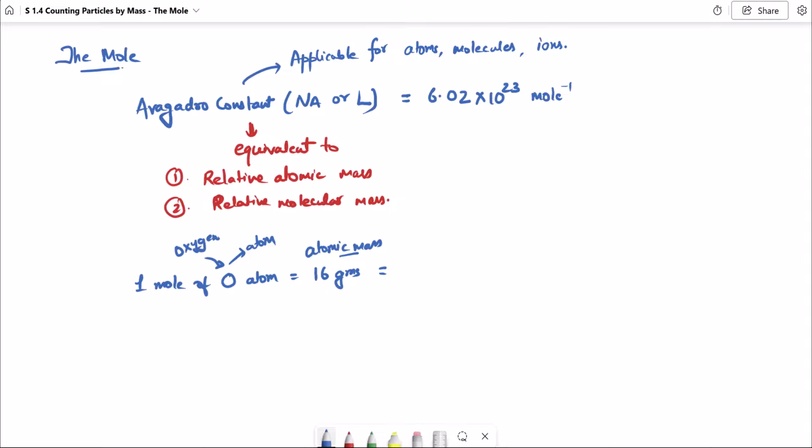And the number of particles is 6.02 into 10 to the power 23.